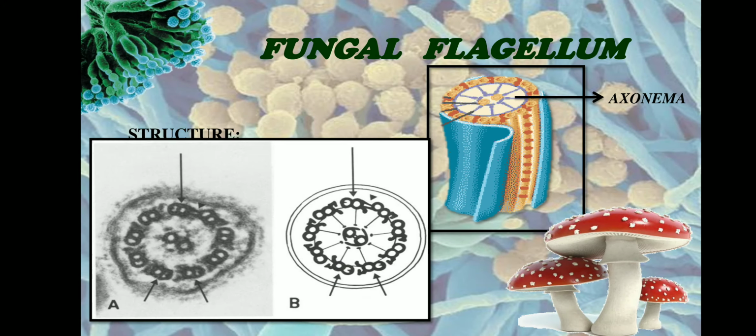Now, let us look into the fungal flagella. The higher fungi like ascomycetes, basidiomycetes, and deuteromycetes lack motile cells in their life cycle, which means they will not produce any motile cells. The reproductive cells are non-motile in nature.